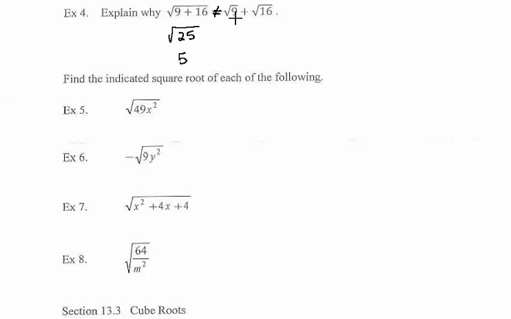On the right side, the square root of 9 gives us 3, and the square root of 16 gives us 4. However, when we add 3 and 4, we get 7 and not 5. So this is not a legitimate way to break up a sum. You cannot break up sums and differences inside the radical into two or more separate radicals.